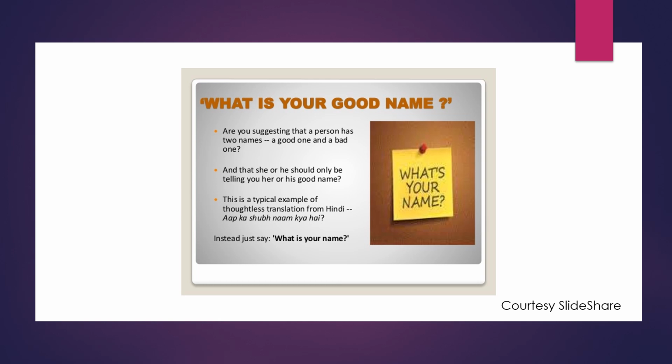There also it may be incorrect, but in English we do not have to use such a thing, because this originated from India, and if at all it is used, it can only be used within India. Outside, if you ask somebody's name using this phrase, what is your good name, people may get offended. Therefore it has to be what is your name, and never good name.